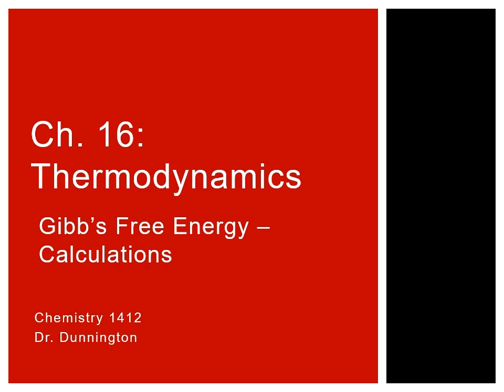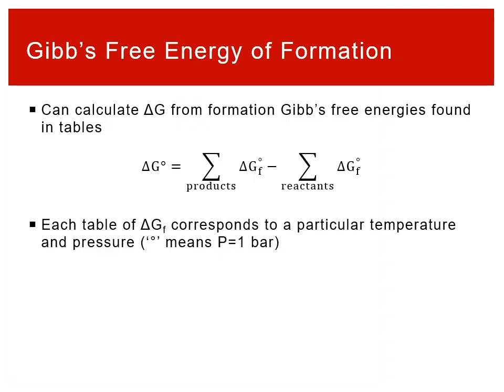Now we want to discuss actually calculating the Gibbs free energy for reactions. Just like we've seen previously for enthalpy and for entropy, we can calculate the change in Gibbs free energy for a reaction based off tabulated reference information that we call the formation Gibbs free energies.